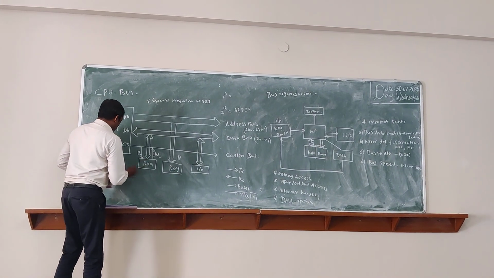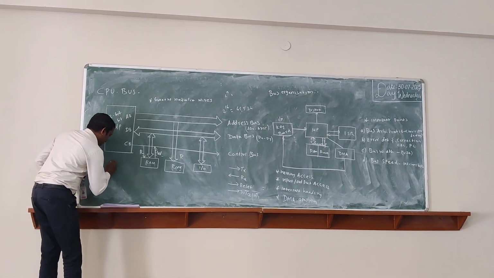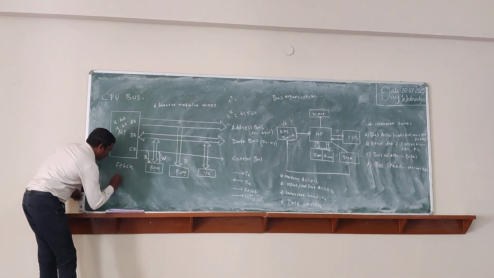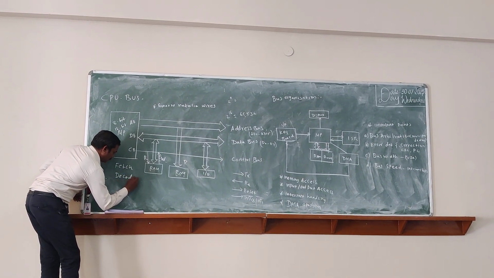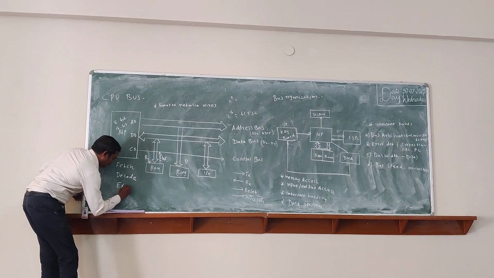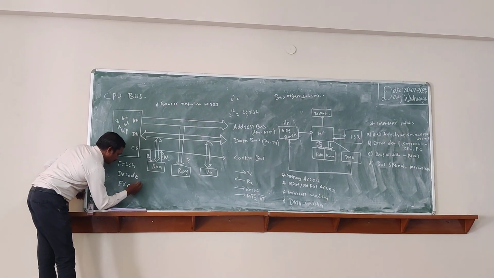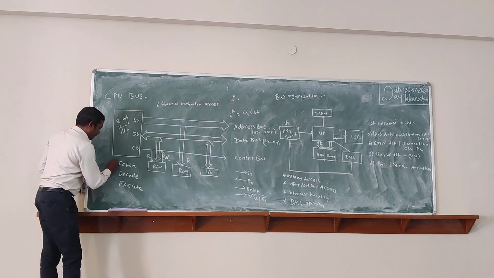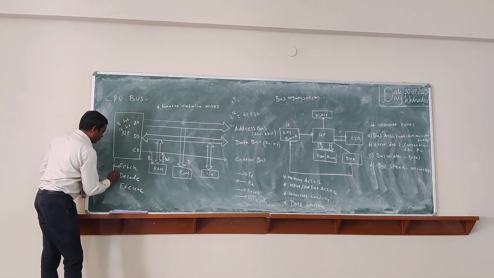Okay. As I said, the microprocessor performs three operations. One is fetch, decode, execute. These three operations are done by this microprocessor.